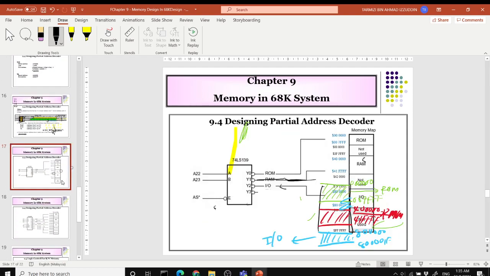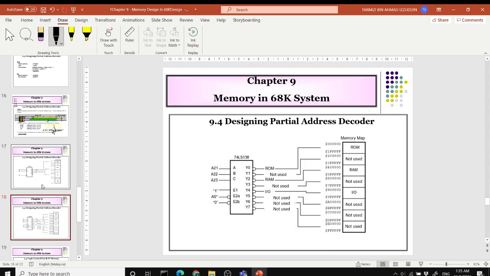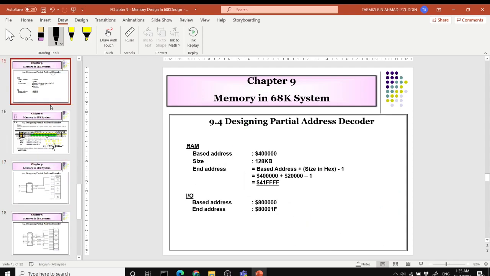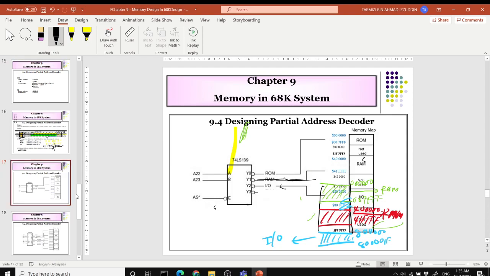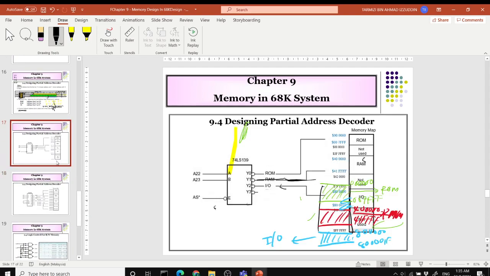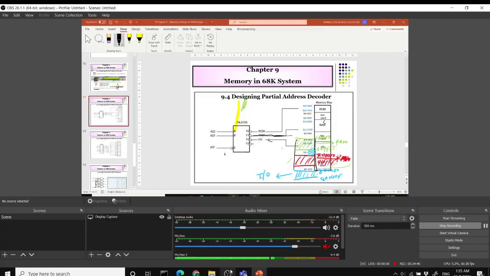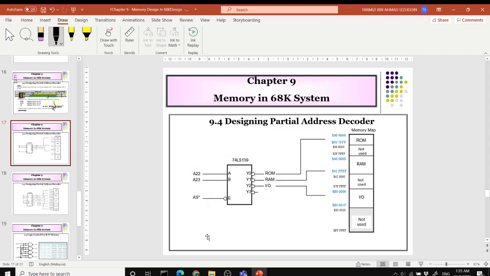Once you come up with the design, the overall mapping between your 68K and the peripherals will look like this.